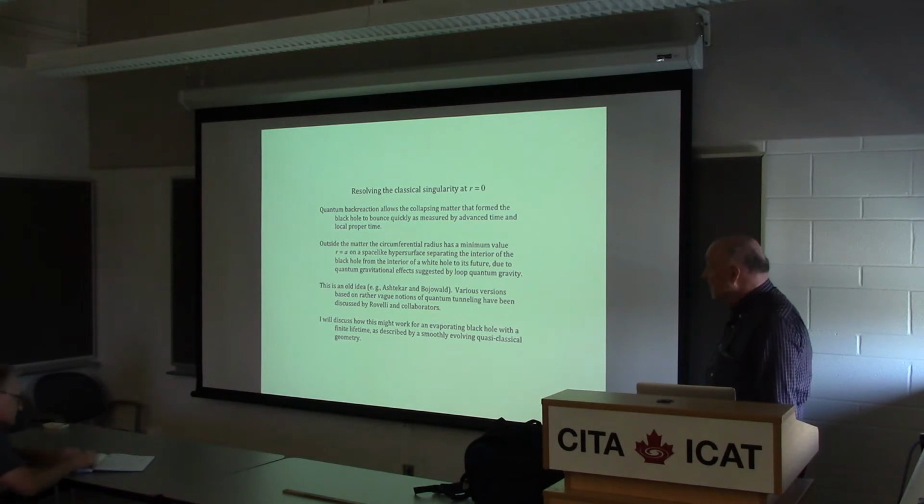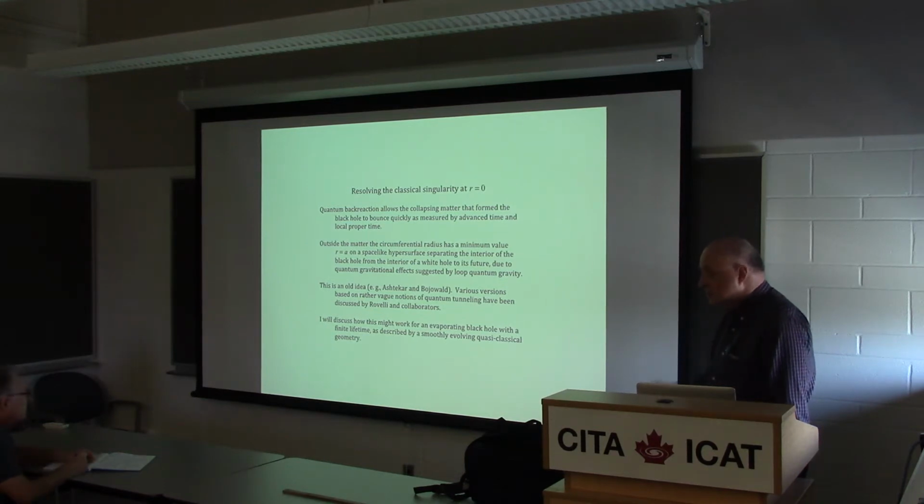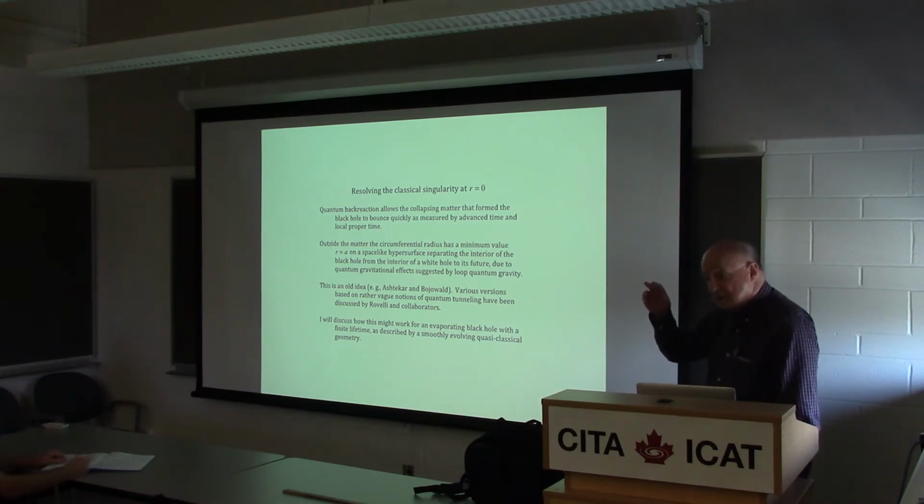Well, I'm going to say in my model, which, you can imagine other models, that you have the black hole being formed by some collapsing star or some collapsing shell. I'm going to assume quantum back reaction causes that to bounce fairly quickly in terms of local proper time.